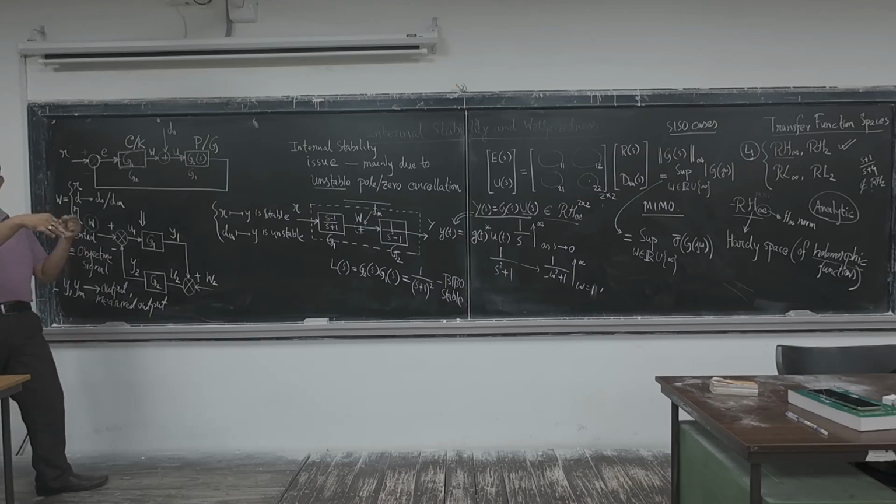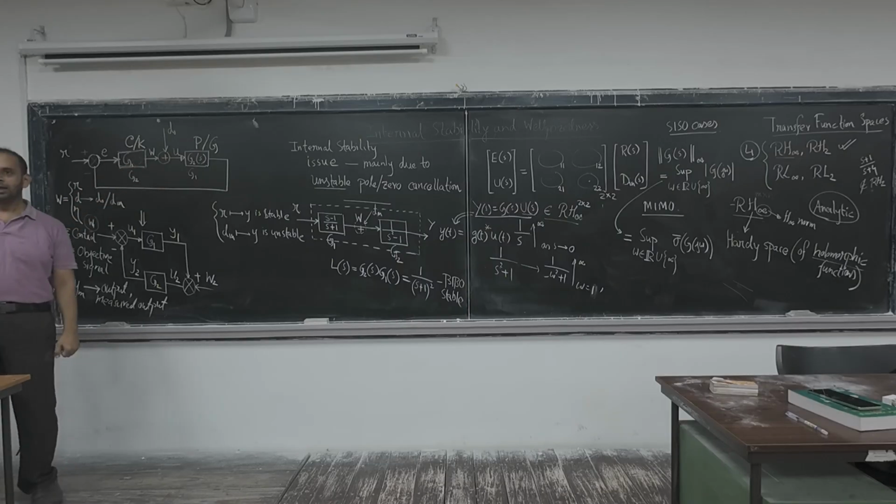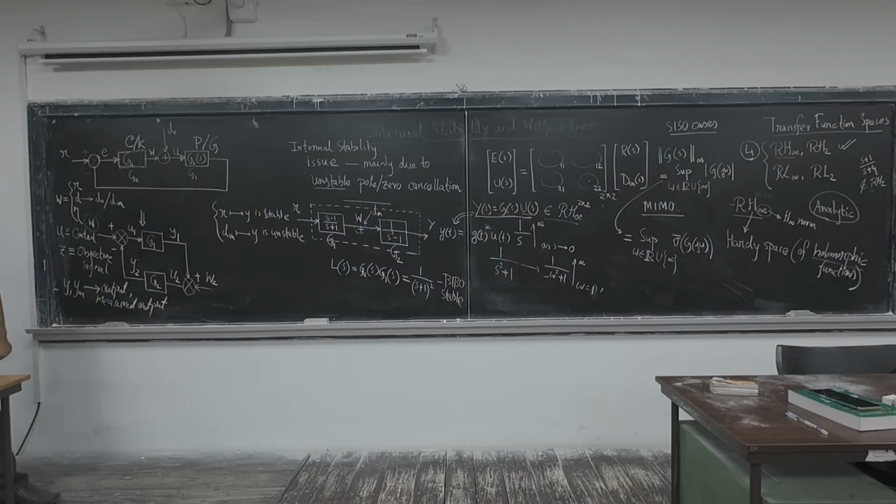Of course there will be multiple summing points, and the summing points can be interchanged. With multiple summing points, one can be treated as plant and another as controller. Ultimately, when stability is of concern, we have to check the transfer function mapping of the entire interconnection. So from now onwards, we are going to drop the convention of plant and controller. Rather, we will use the general notations G1, G2.